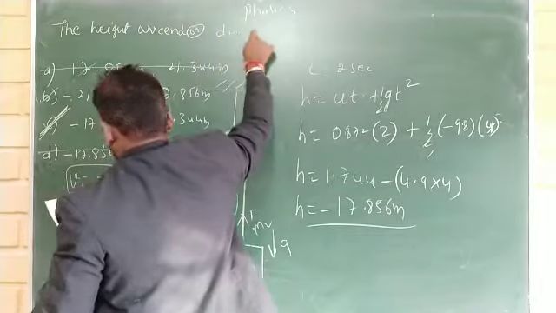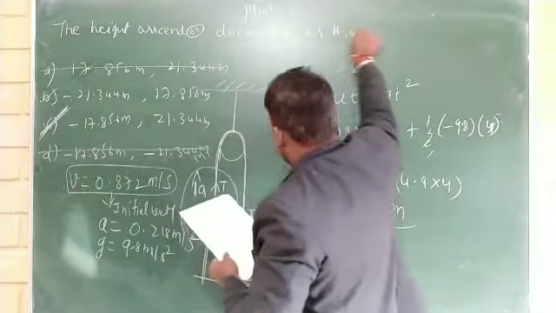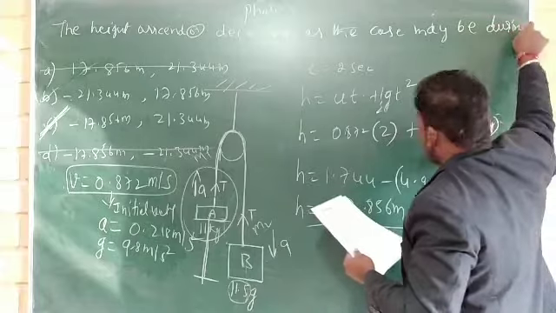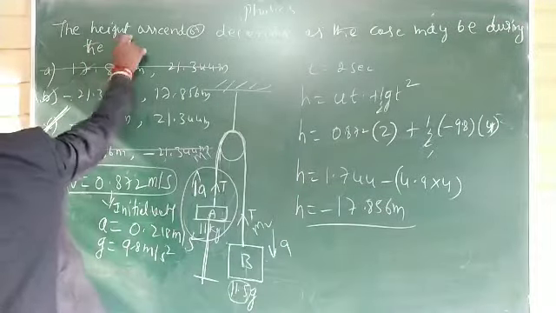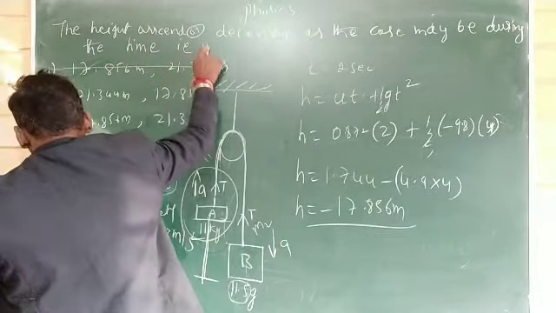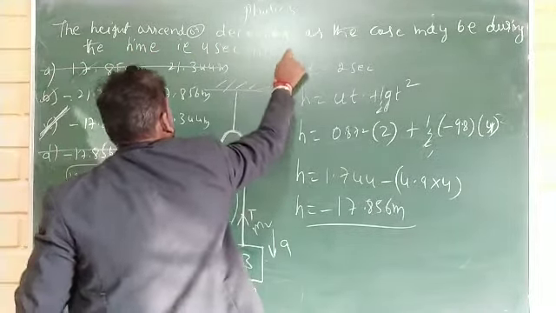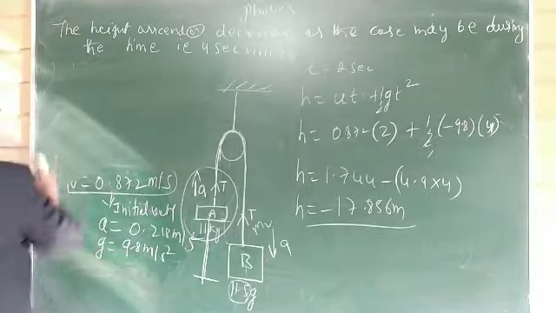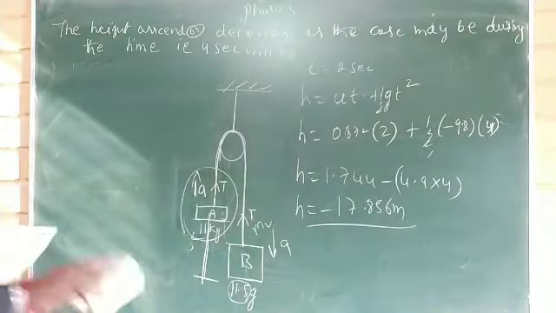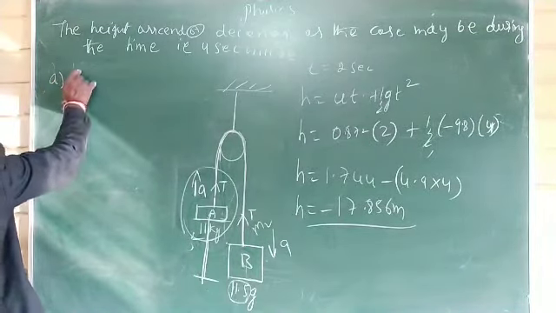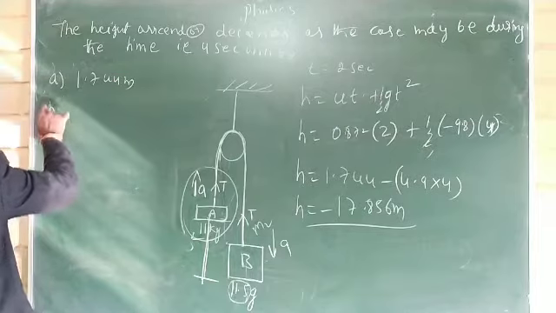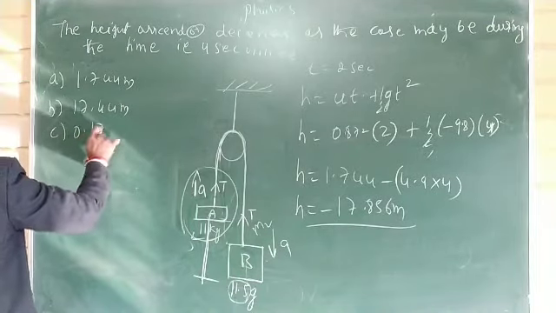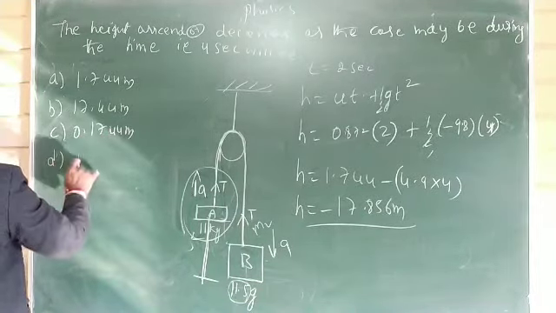Options are: A is 1.744 meter, B is 70.44 meter, C is 0.1744 meter, D is none of these.